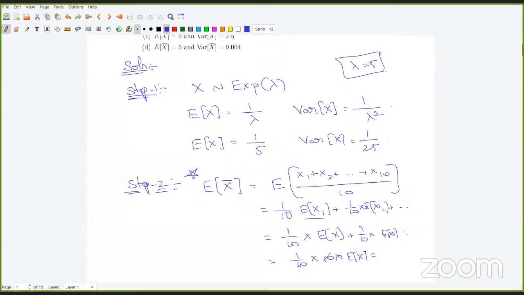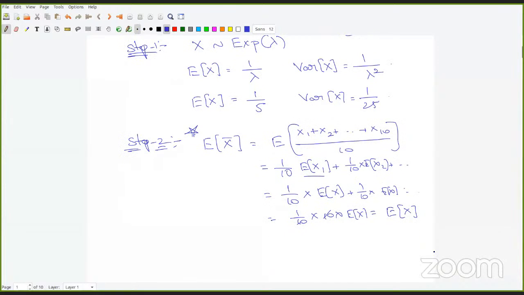From here, expectation of x bar, the expectation of sample mean, is expectation of x, the distribution mean. We know the distribution mean is 1 by 5. Therefore expectation of x bar will be 1 by 5, which is 0.2.